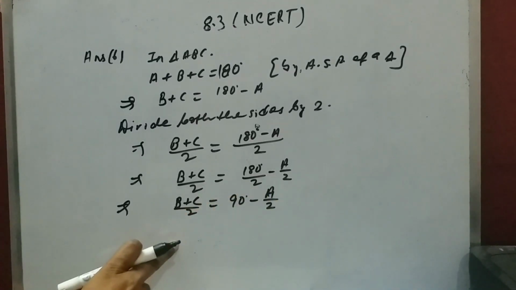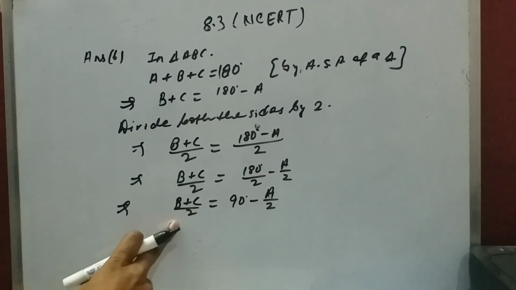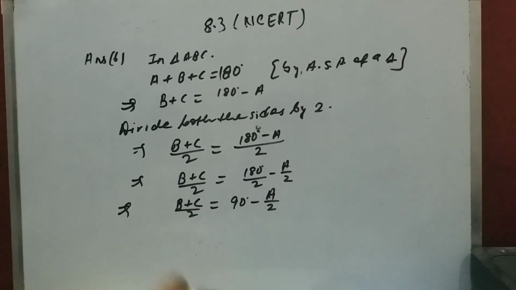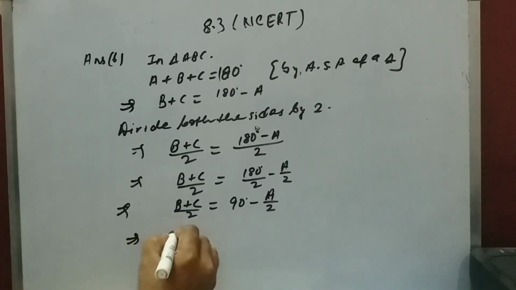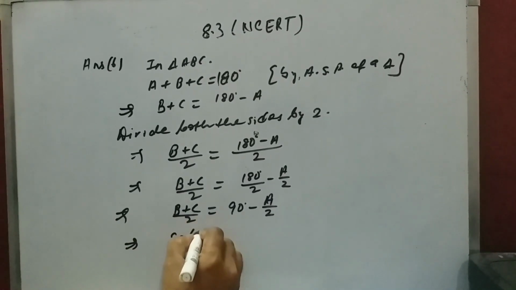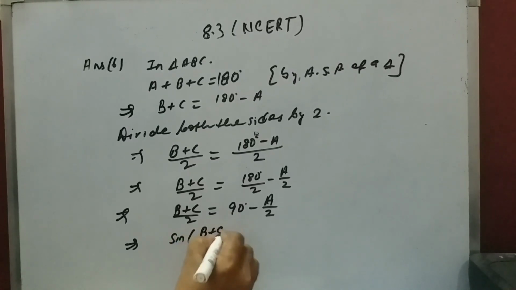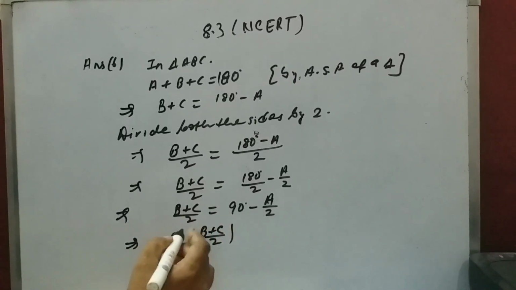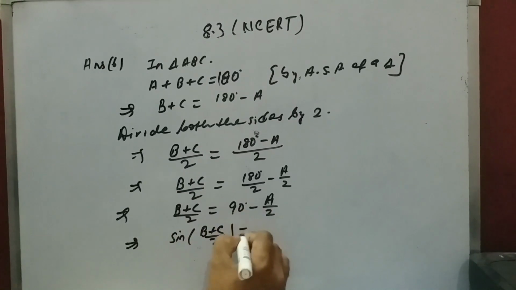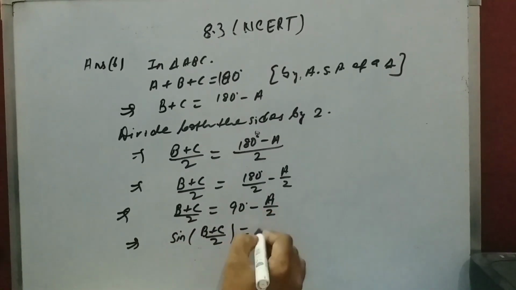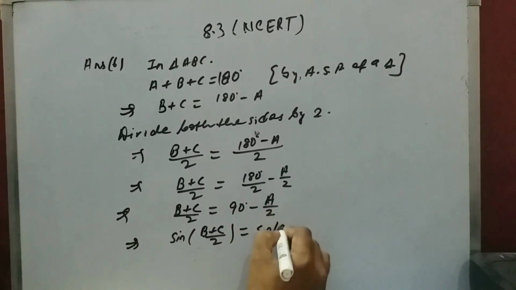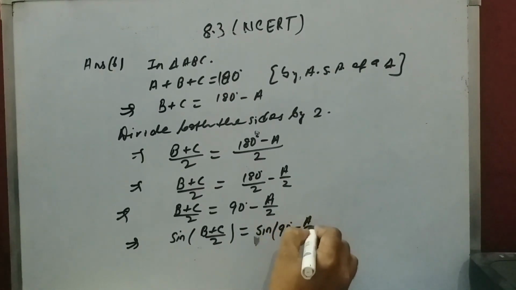Now take sine to both the sides, because in the LHS you are seeing sine (B plus C) by 2, so you will take sine on both sides, and similarly sine of 90 degree minus A by 2 on the right.